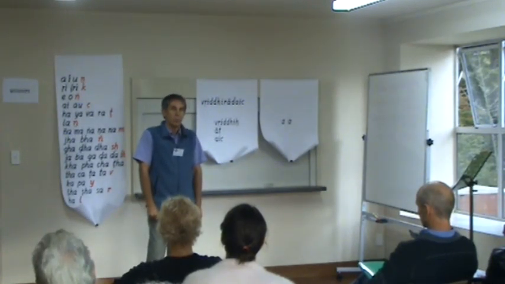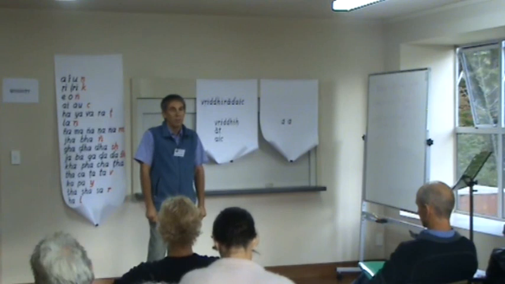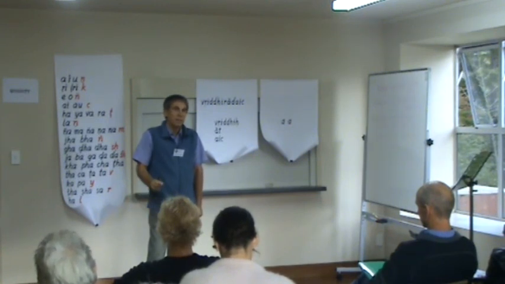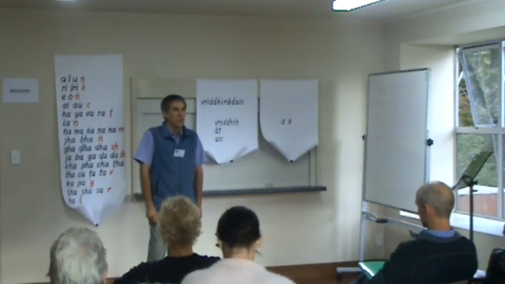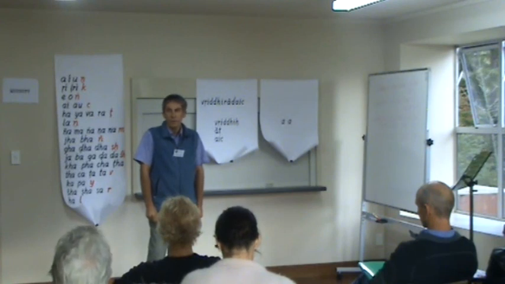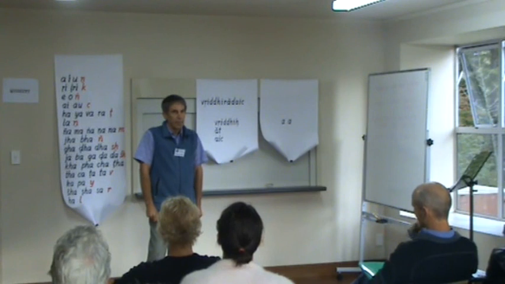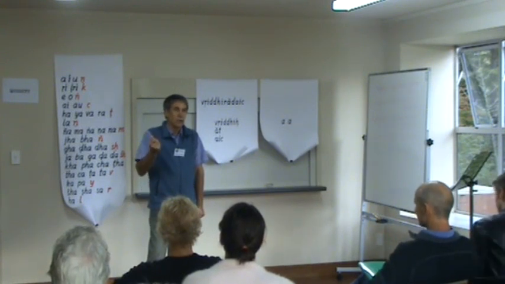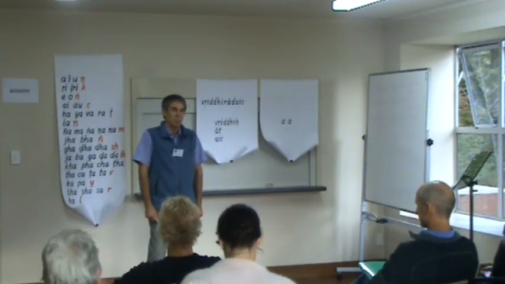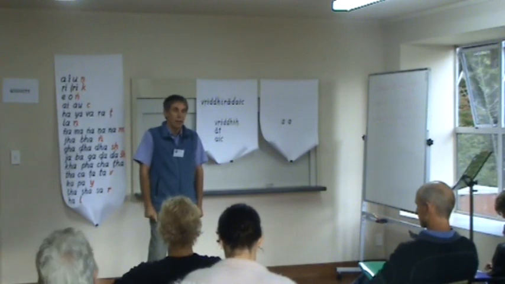Leonard Bloomfield, who is considered the father of Western linguistics, considered Panini to be the greatest intellectual genius that ever lived. But Panini said that he just cognized these rules, these 4,000 rules. They just came to him like that.